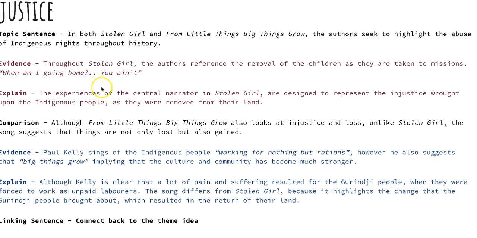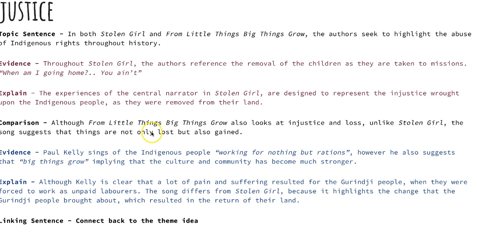All right, explain. What does this quote mean? How does it connect to the idea of justice? The experiences of the central narrator in Stolen Girl are designed to represent injustice, all right? Injustice wrought upon Indigenous people, all right? Then I need to compare, and this time I'm looking at similarities and differences.